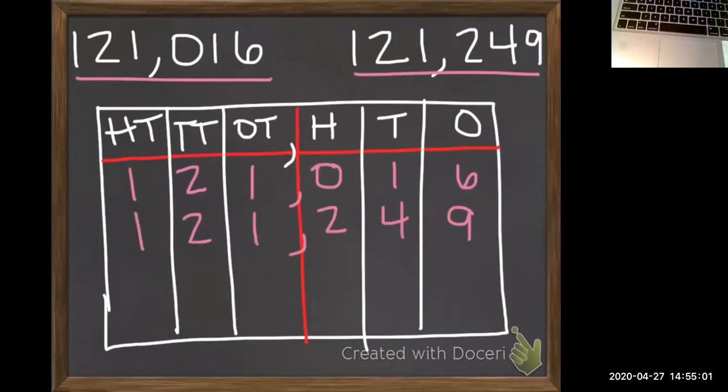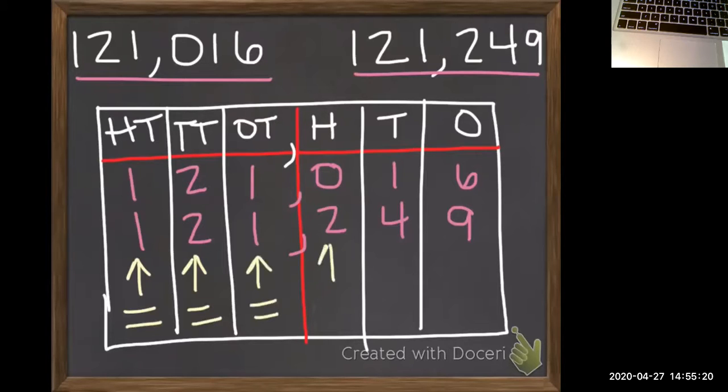Excellent. Now I can start to look at each place value. Remember, I start with the largest place values. The 1 in both the 100,000s place are equal. Same as the 10,000s place, those are equal. And the 1,000s place are equal.